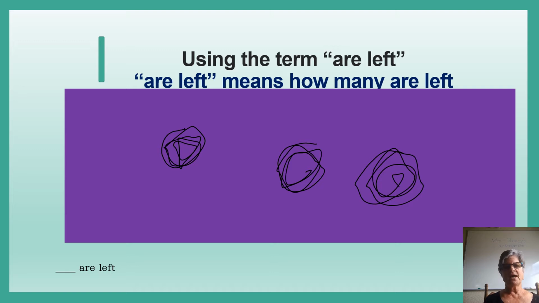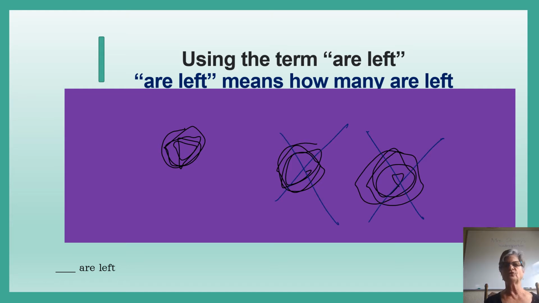So, this you do not have in your papers. I'm just doing this to give you an example. I have 3 balls on the carpet. But now, 2 of the balls roll off the carpet. So I'm going to put an X on 2 of them. 1, 2.